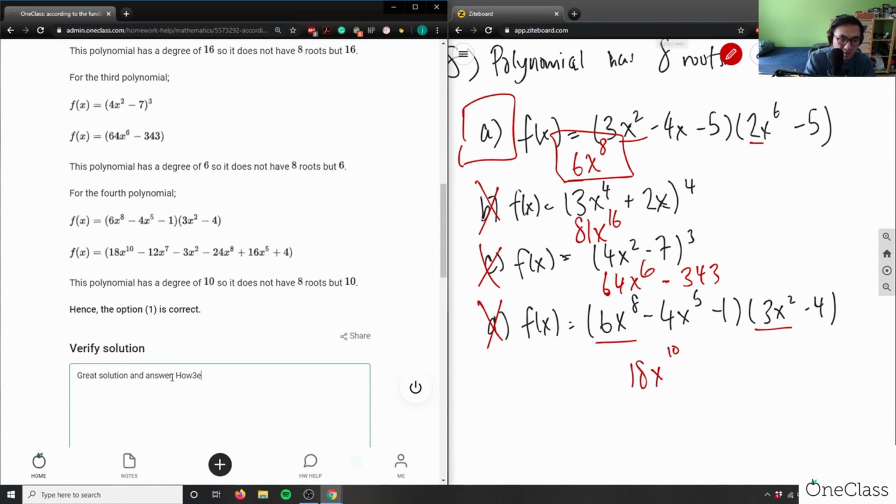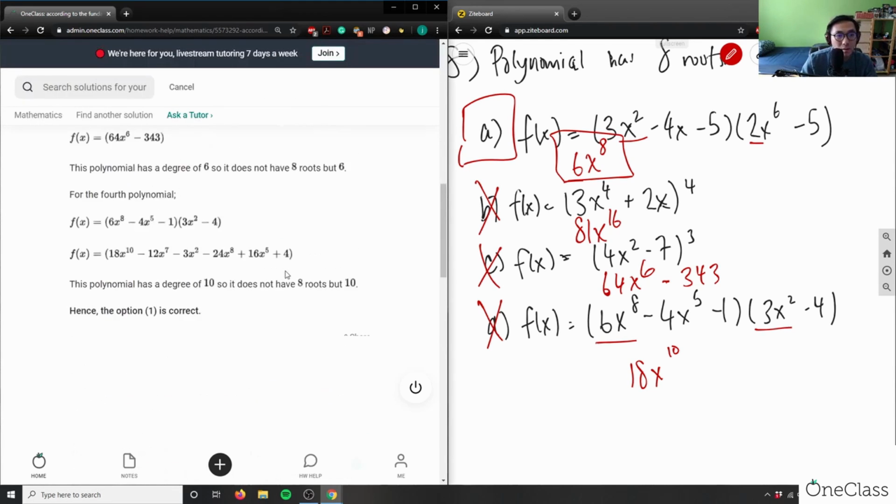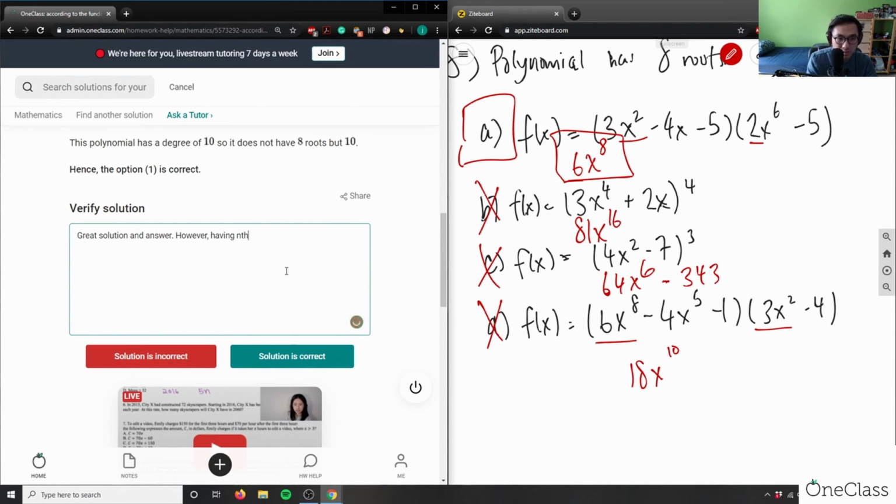And I'm going to correct the fundamental theorem of algebra statement. However, having an nth degree polynomial does not mean that you have n roots.